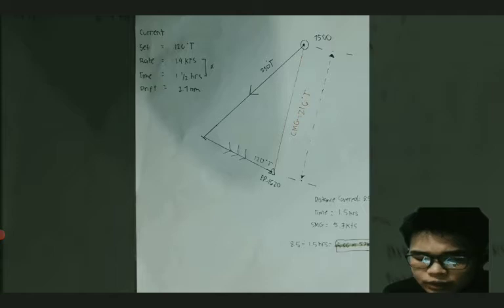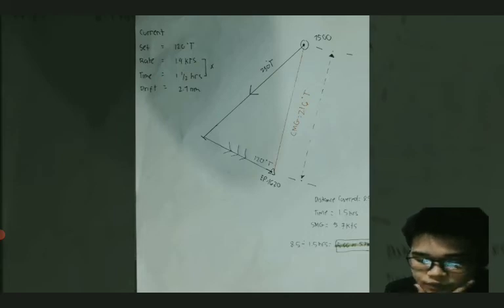We have to determine the estimated position, which takes into account the effect of the current, so it is more accurate and precise than the dead reckoning position. As a result of the current, we have to find the course made good and the speed made good.